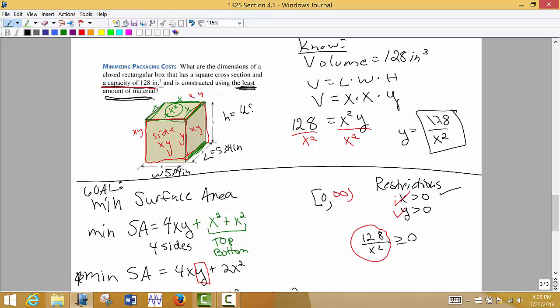So to find the height, I'm going to take 128 divided by 5.04 inches squared, and you actually turn out to get something that's pretty close to 5.04 inches as well. So basically we need a cube. We need all of those dimensions to be exactly the same.